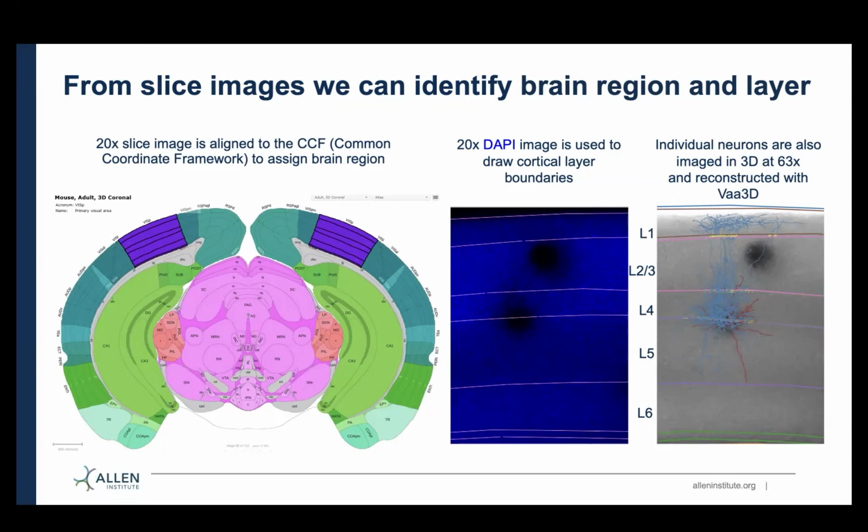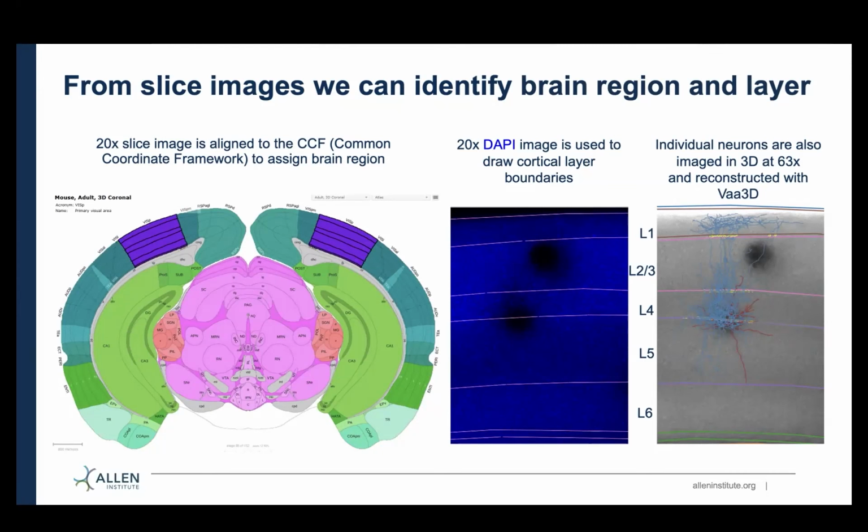Here I'm showing a zoomed-up view of one of those images in the middle. DAPI helps us to see the changes in cell density that indicate which layers a cell is in or its branches are in. And then we can draw the borders between the layers, which we can then use to measure morphological properties relative to those different functional compartments.